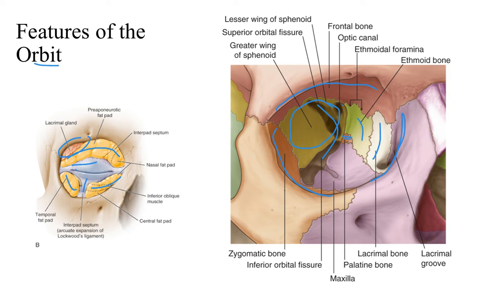And if we strip away all that fat, what we'll find is the eyeball in there, and then all of the intrinsic muscles of the eye that are surrounding it that will allow the eye to move.